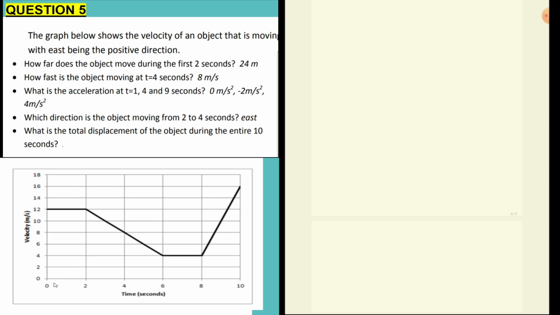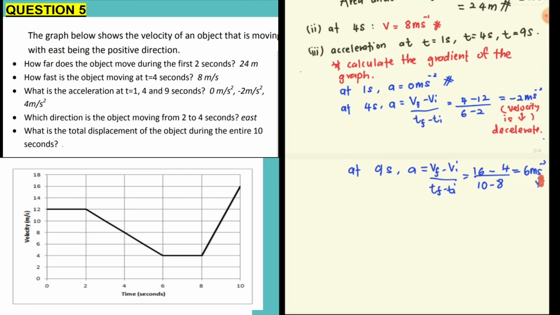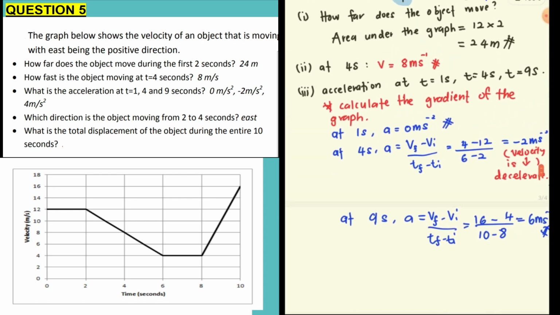So tadi kita dah kira from 0 to 2 second, it's moving 24 meter. And then from 2 to 4 second, dia continue bergerak. Tapi tadi objek tu bergerak 12 meter per second constant. Lepas tu dia berkurang dia punya velocity, tapi dia still bergerak ke arah positive direction, which is to the east direction.